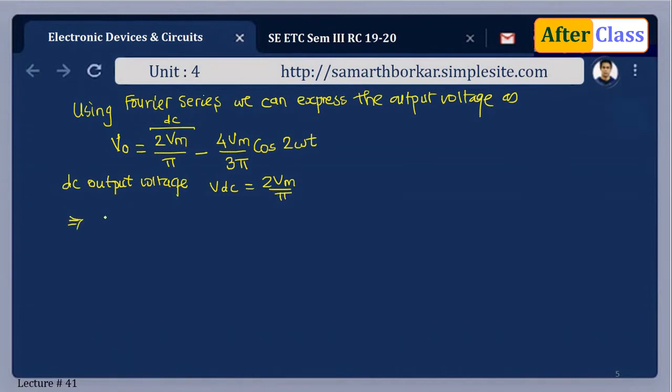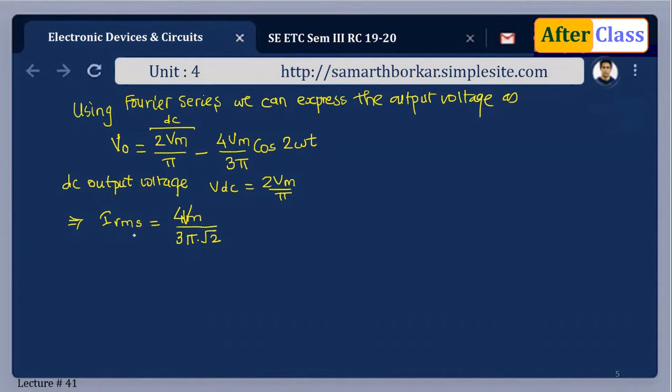This implies IRMS will be equal to, now RMS is related to the AC component. Fine. So we have to just look at the magnitude part of it. It is 4 Vm by 3 pi. We are calculating the RMS value, so it is √2, and this is voltage.